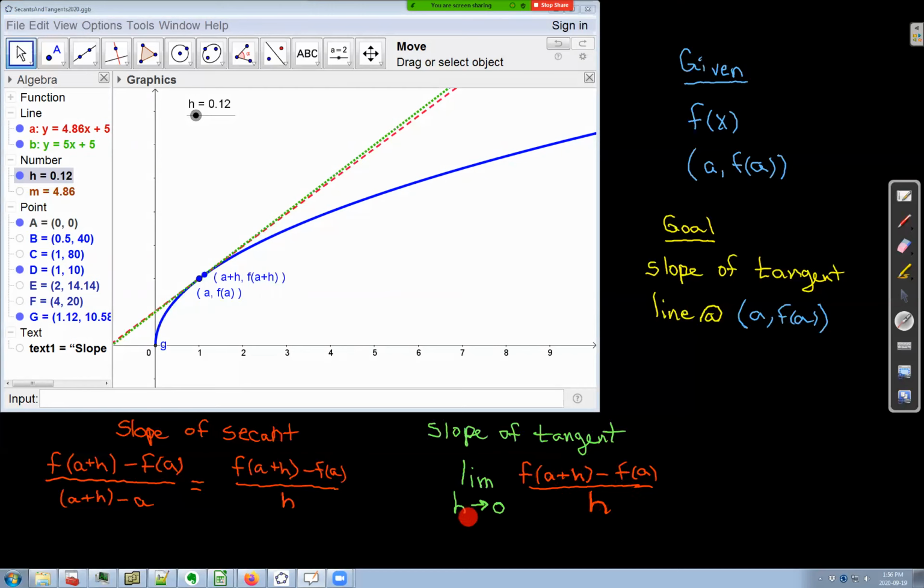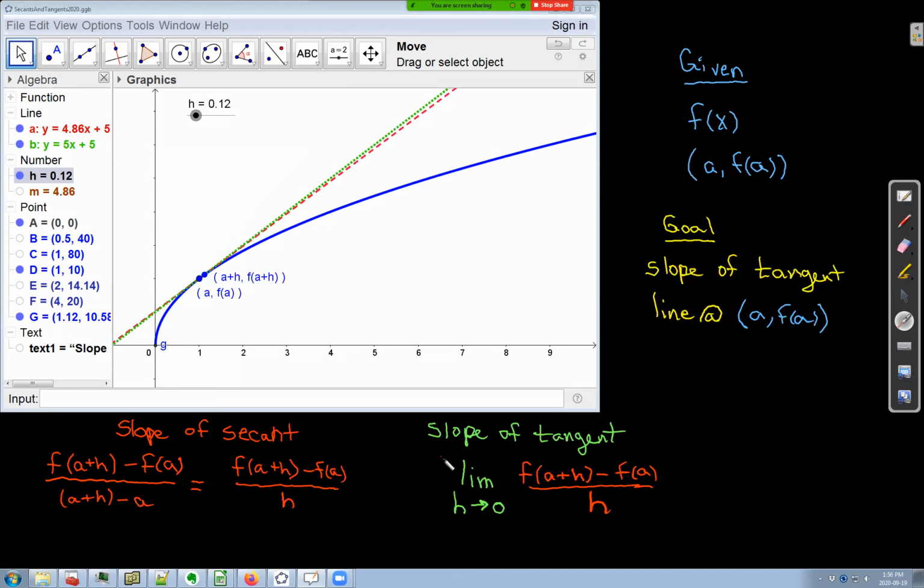But if you then put a limit as h goes to 0 in front of it, then you get the slope of the tangent line, and that answers our question. And so we've done it. We've used a limit to find a formula for the slope of the tangent line.